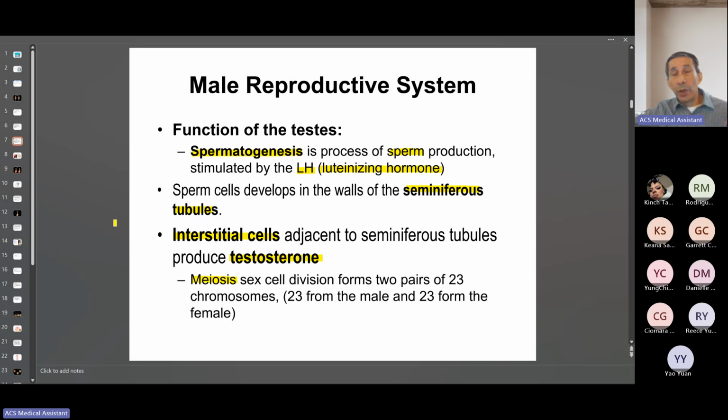Let's rewind, let's go back to the beginning. When a female becomes pregnant, what makes that process happen is that the egg meets the sperm somewhere within the reproductive tract of the female. When they get together to form a new life, the man provides 23 chromosomes and the female gives 23 chromosomes. Each one has to give 23 and 23, so we can have 46 chromosomes, which is the normal amount.